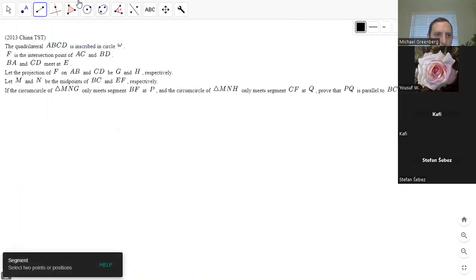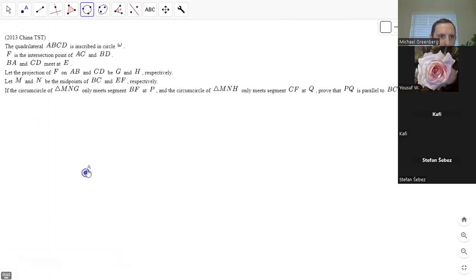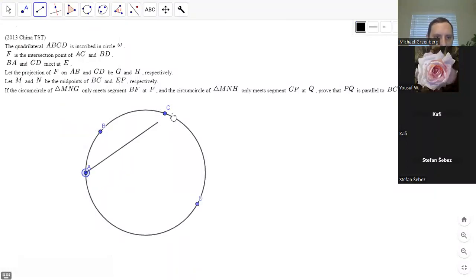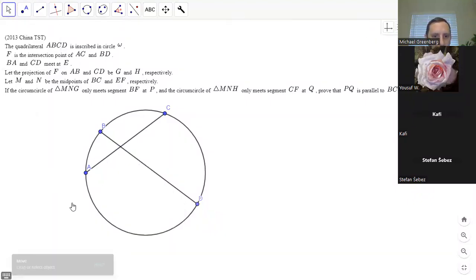So we have another cyclic quadrilateral, and it looks kind of similar. So F is the intersection of AC and BD. And BA and CD meet at E. So why don't I draw E first?